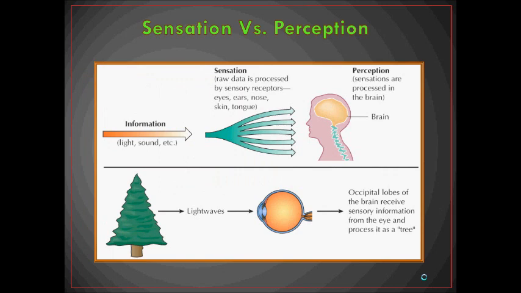Another couple examples. Again, the information comes in from the environment through your various senses. Your brain's going to receive that, and only once your brain receives it will you begin to use perception. If you're looking at a tree, the tree is emitting these light waves, and if we could put a little bit of a card in place to stop the transmission from sensation to perception, you don't know what it is.